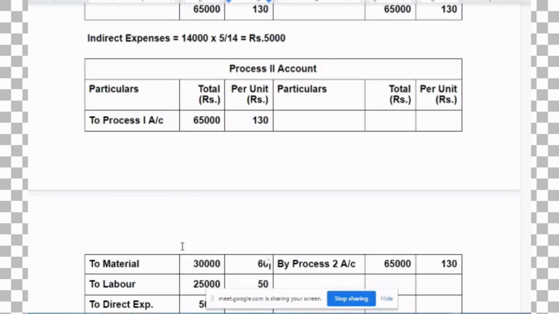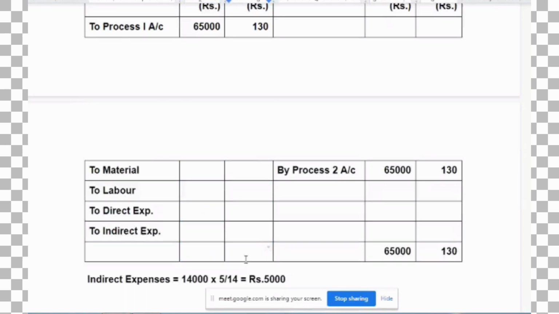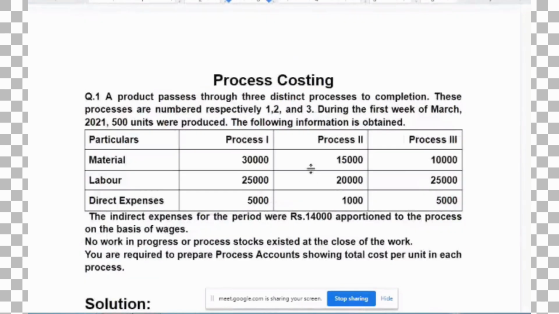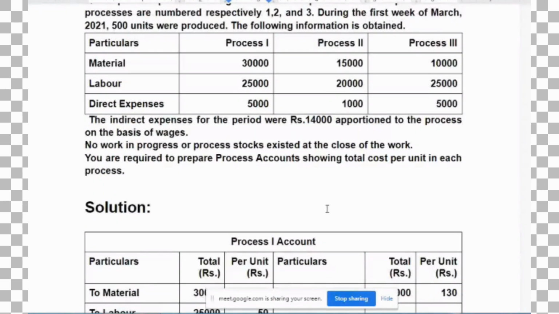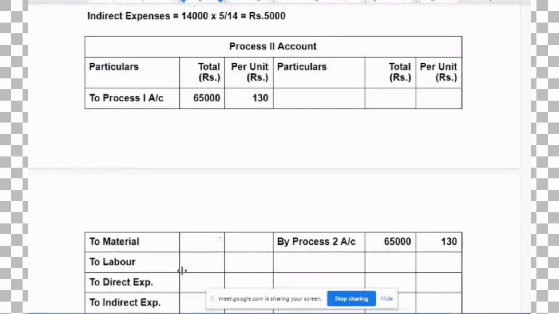And then after, the next process information is given here. So in the next process you can see material is 15,000, labor is 20,000 and direct expenses is 1,000. So here we write material 15,000, labor 20,000 and direct expenses 1,000.